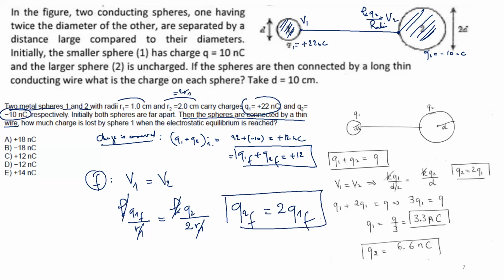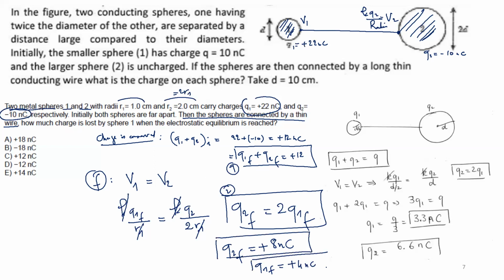So I have my two equations. This is equation number 1, this is equation number 2. I combine them and I find that Q2 final should be equal to plus 8 nanocoulomb, and Q1 final should be equal to plus 4 nanocoulomb.